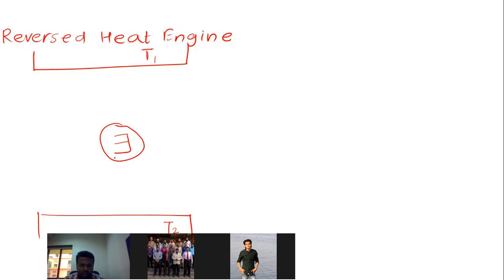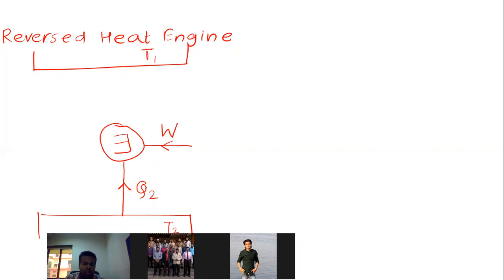So what will this reverse heat engine do? It will abstract some heat. How much heat will it abstract? It will abstract Q2. If you want this reverse heat engine to abstract Q2 amount of heat, obviously we need to supply W amount of work. Until and unless you supply W amount of work, the engine will not abstract Q2.